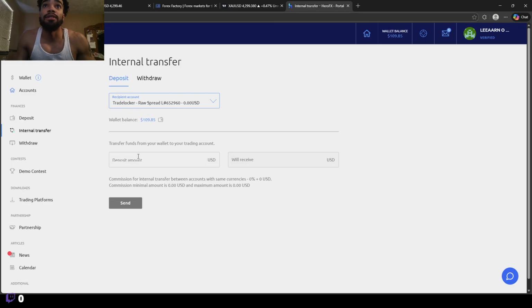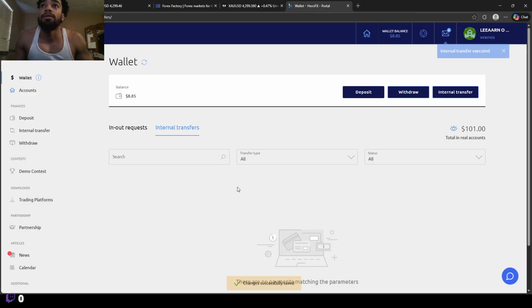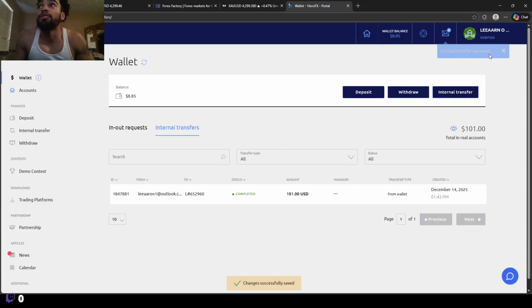So this is that trading account. Deposit amount. Let me do 101, y'all. It's gonna send it from the Hero FX broker to that trading account. 101.05K, y'all. Internal transfer executed.